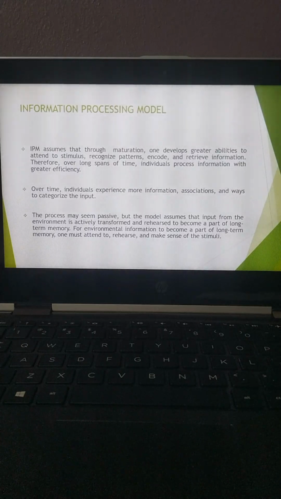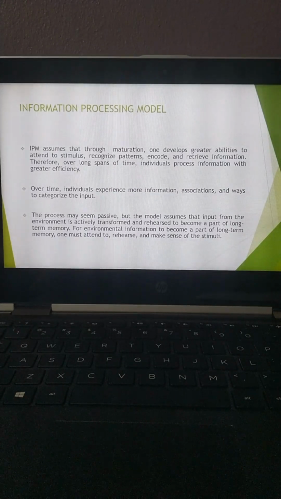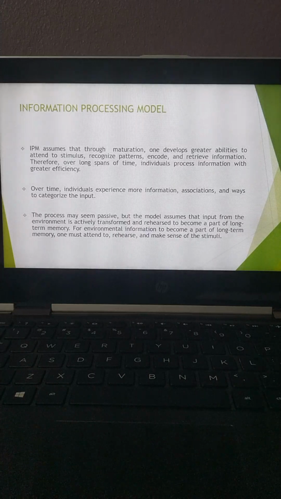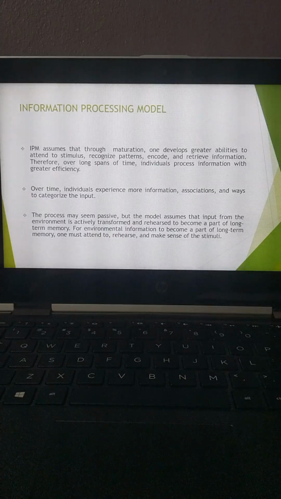For environmental information to become a part of the long-term memory, one must attend to, rehearse, and make sense of the stimuli. I mentioned this before, that for an information to be passed to the long-term memory and stored, there has to be a conscious engagement. There has to be conscious rehearsal. There has to be conscious attention for you to be able to remember that particular information for a longer period of time.